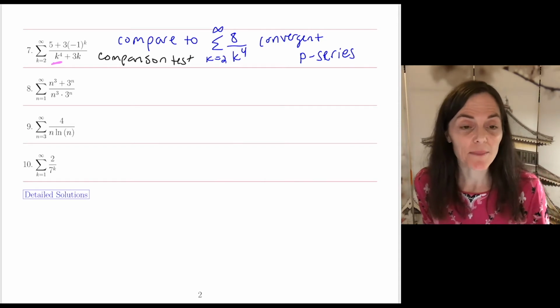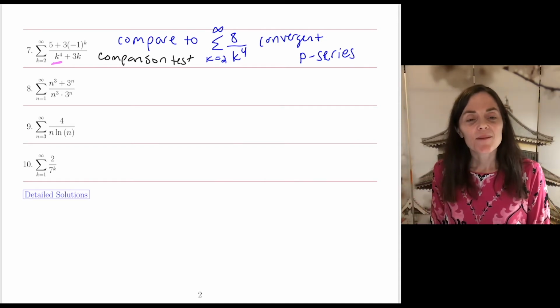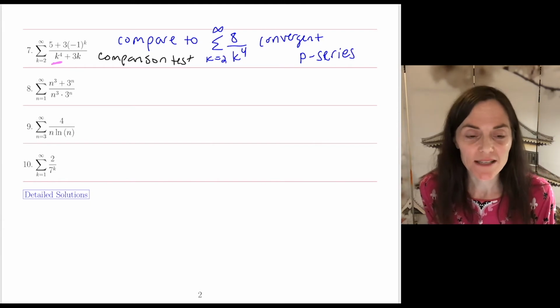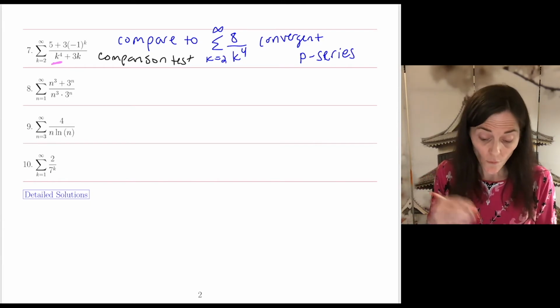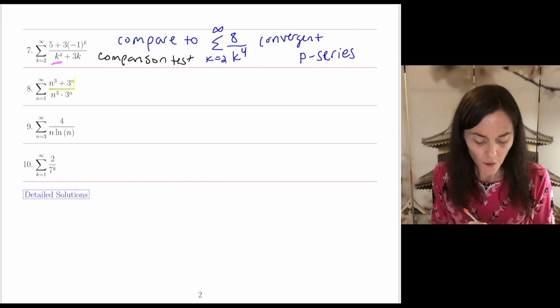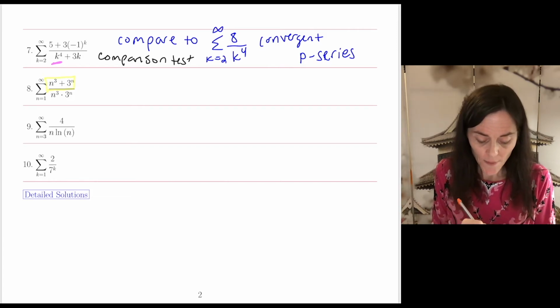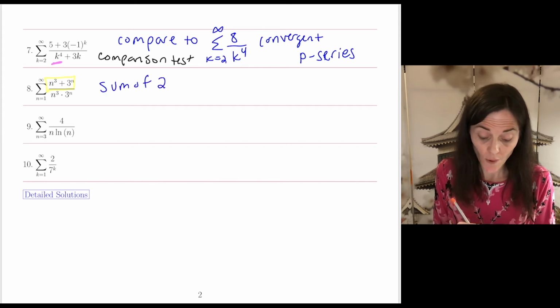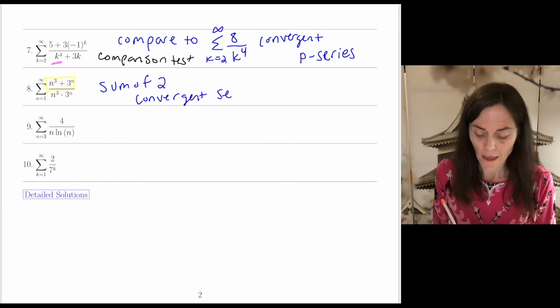Now, we have some options on 8. You could make this work with one of the comparison tests. Me personally, my first reaction to this is I see a sum in the numerator. And so I'm going to write this as a sum of 2 convergent series. Maybe I can write what they are here.